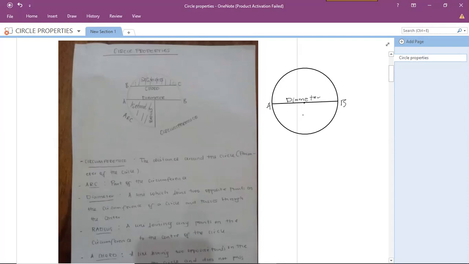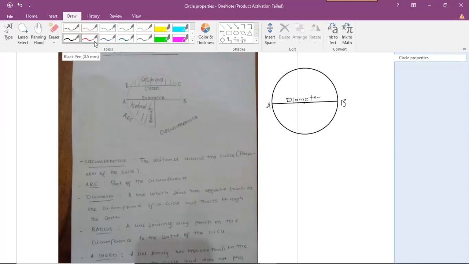So that's diameter. However, in contrast to diameter, there is also another line called radius. You have to be very careful with radius, because in terms of circle properties, it tends to form isosceles triangles at times, and you can use those isosceles triangles to find angles inside the circle.